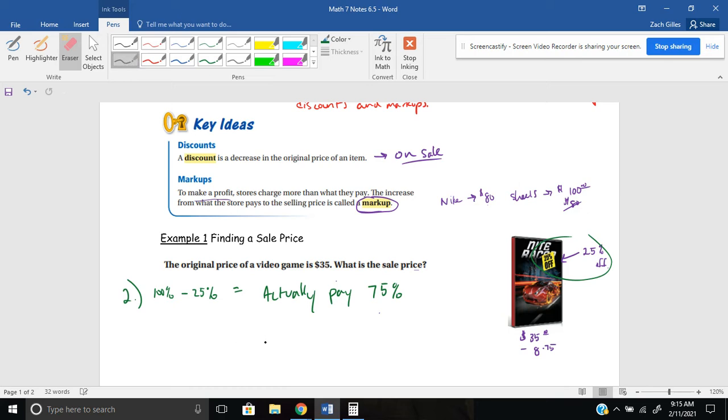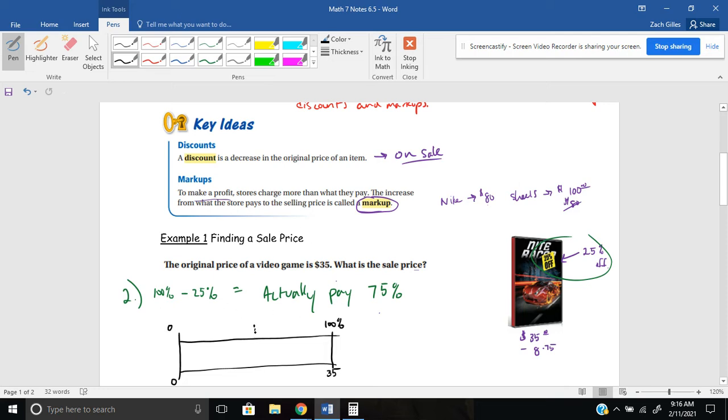I'm going to use a double number line here. I know that my original total was $35, and then I'm going to compare percents. Well, $35 would be 100% if I paid the original price, right?